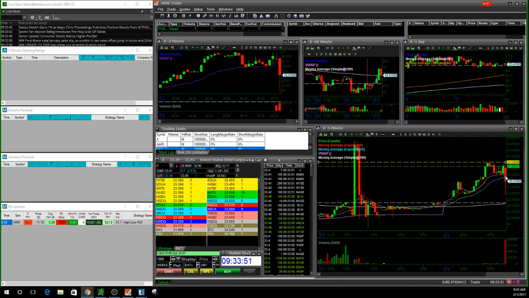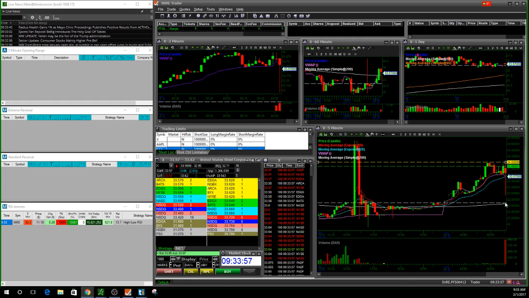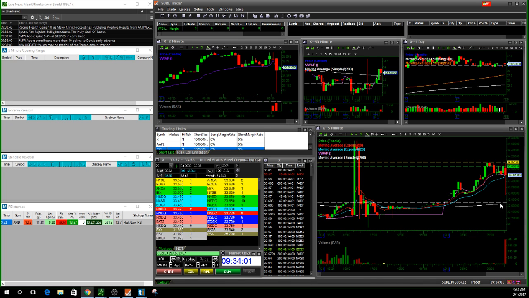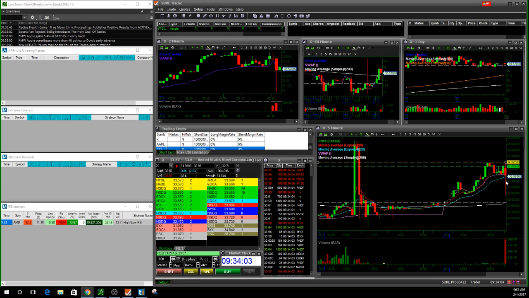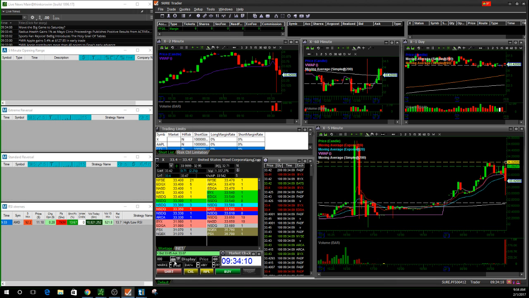Because right now, if we get the breakdown, we've got a nice move. We've got a nice window down to the red to green line and the 200 here on the 5. So just have to wait and see what we get.